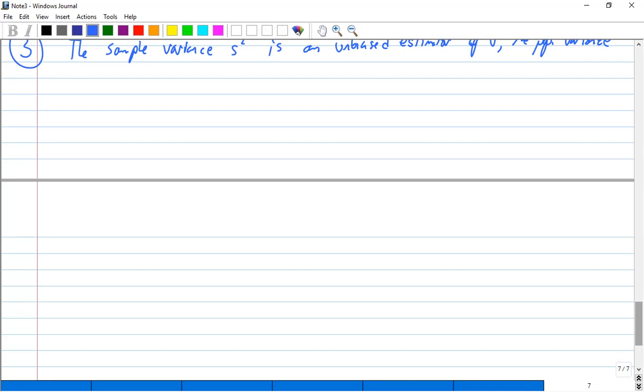So if we have a larger set of data, like a population of infinite size, even though really we can't have an infinite population.